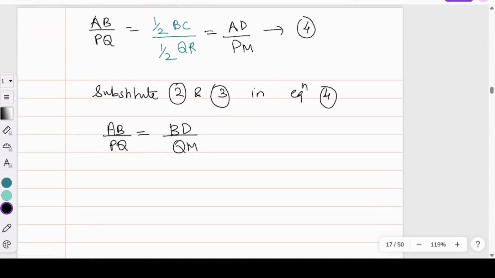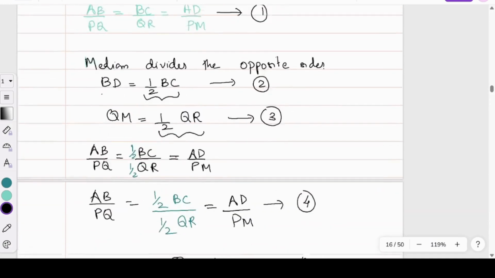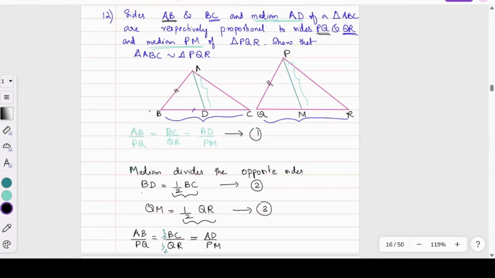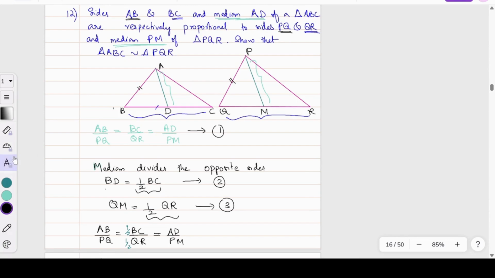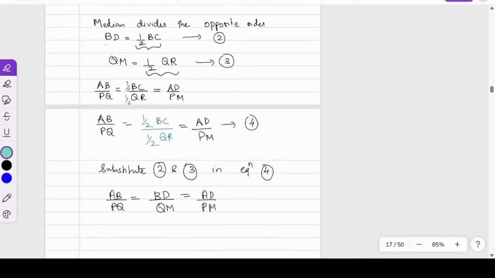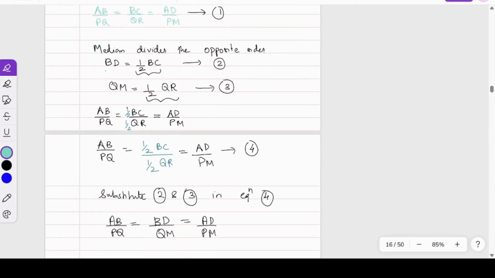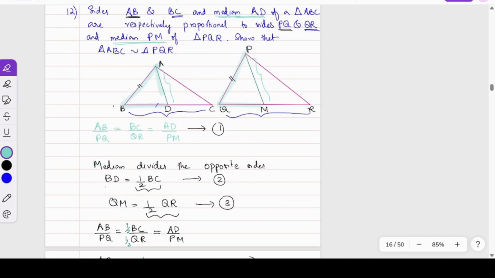QM equals AD divided by PM. Clear? Now what can I write here? AB by PQ equals BD by QM, and BD by QM is equal to AD by PM.